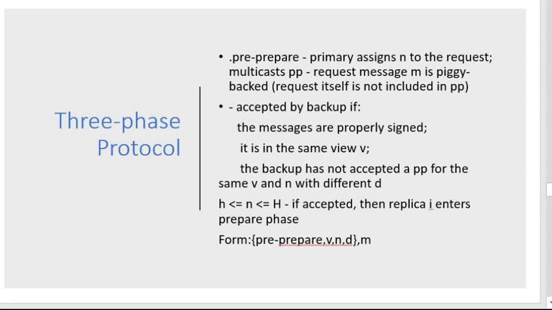If the sequence number is different, it will not be accepted in the next phase, that is the prepare phase. The sequence number in the pre-prepare message should be between the low water mark, small h, and the high water mark, capital H.